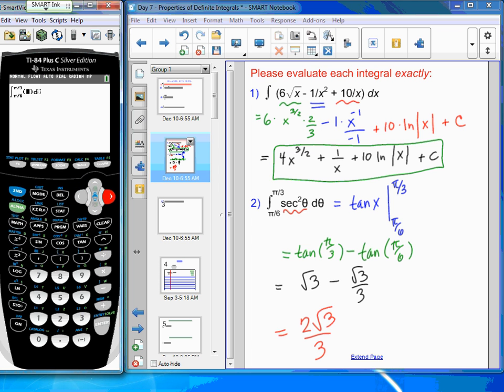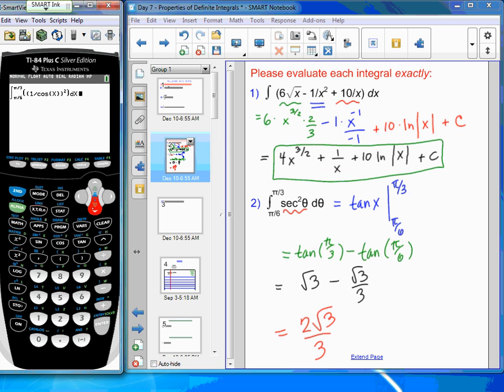My expression was secant squared of x. So how am I going to enter that? Very carefully, I'm going to do 1 over cosine of x, quantity squared to get my secant squared of x, and we'll simply integrate that with respect to x.